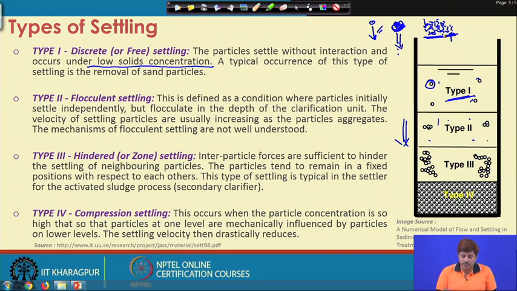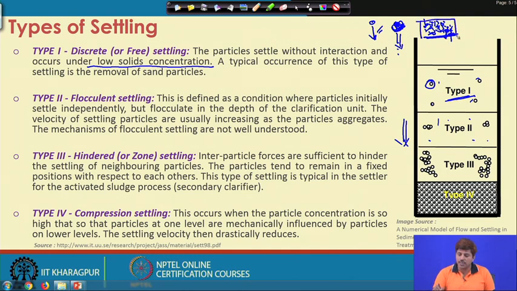Okay. So, since interparticle distances are not changing, the interparticle forces are sufficient to hinder the settling of the other particles. If this particle is settling, it will have some interparticle forces with this one. So, this hinders that, and in the process this also has to be settled down.